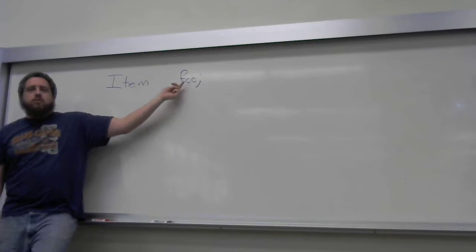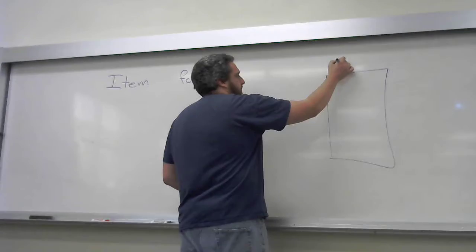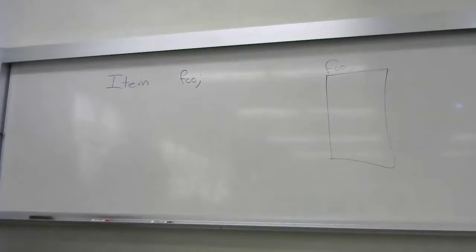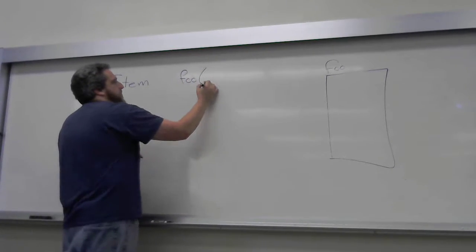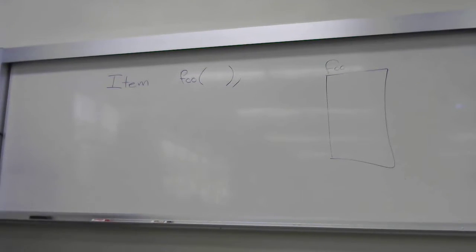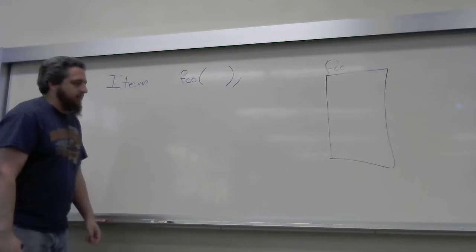This is of type foo. The problem with this is I have not constructed it. When you create objects, you have to construct them with the constructor call, like so. The constructor call is what allows us to create that object.